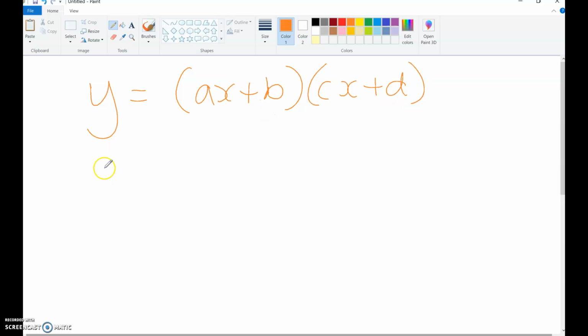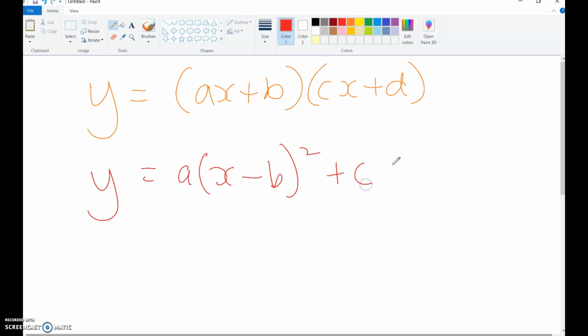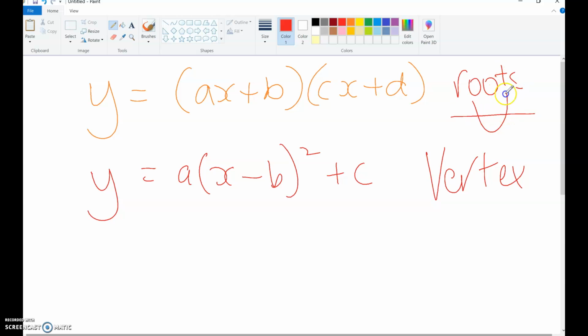That's our factored form. We have y equals a(x minus b) squared plus c with a shape. That's our vertex form. And we can call this the roots or the factors because this is where these are important, whereas this is when that's important.